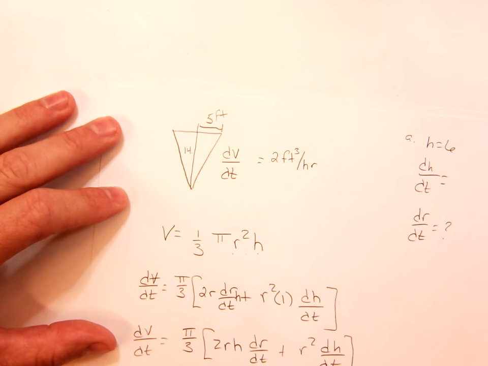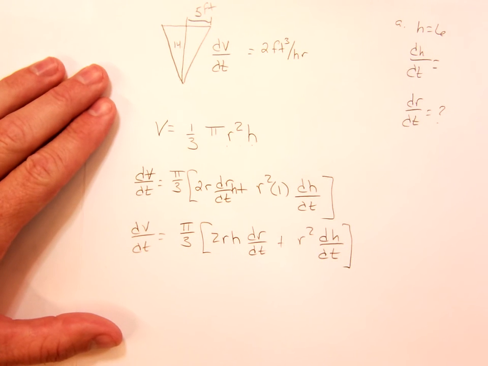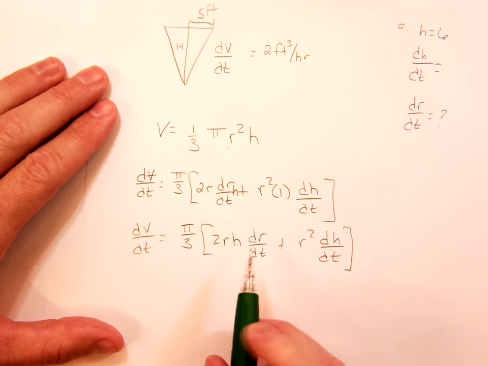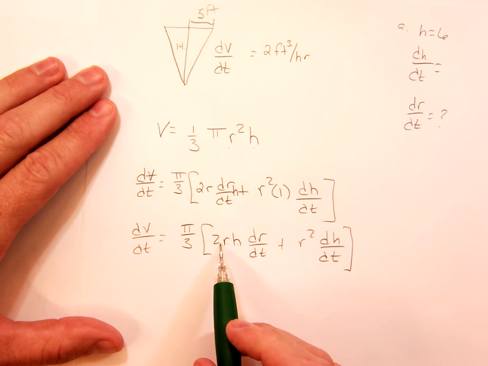Okay, so at this point, if I go to plug in what I know, I've got h, but I don't have r, but I could find r pretty easily, yes? How would I find r?